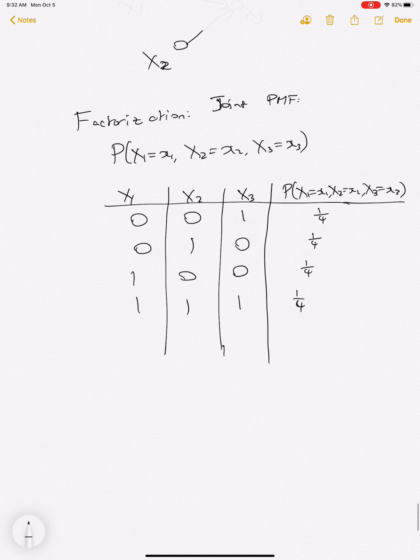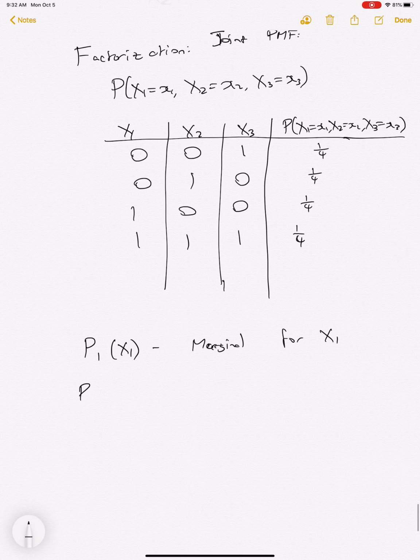Okay. And then note that P1 of x1 is just the marginal for x1, P2 of x2 is the marginal for x2.